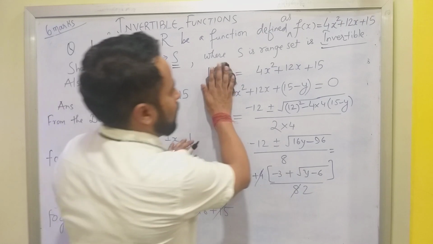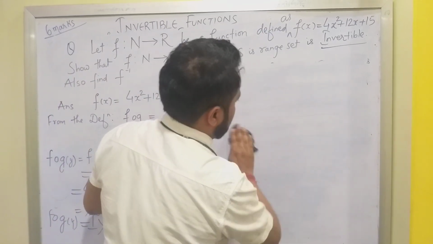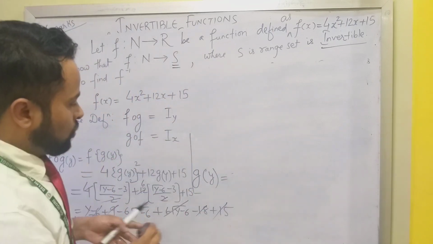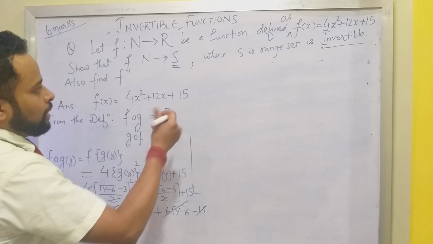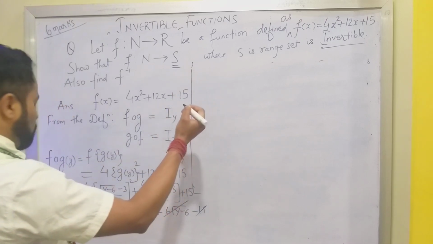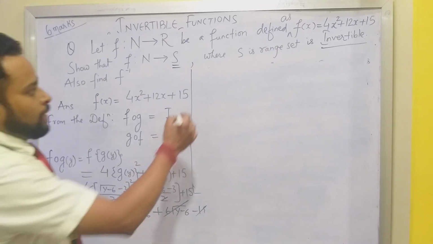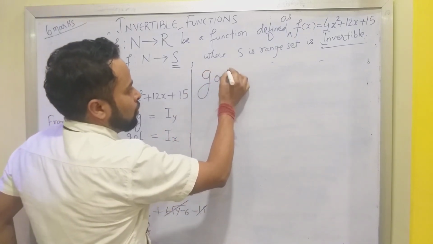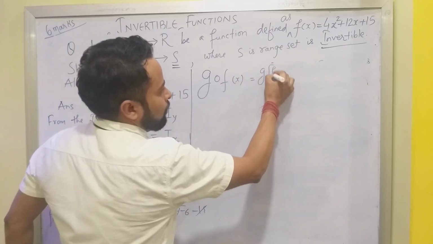Similarly, let us find g o f. f o g we have found here, that is the identity element of set y. Let us find g o f of x, that is g of f of x.